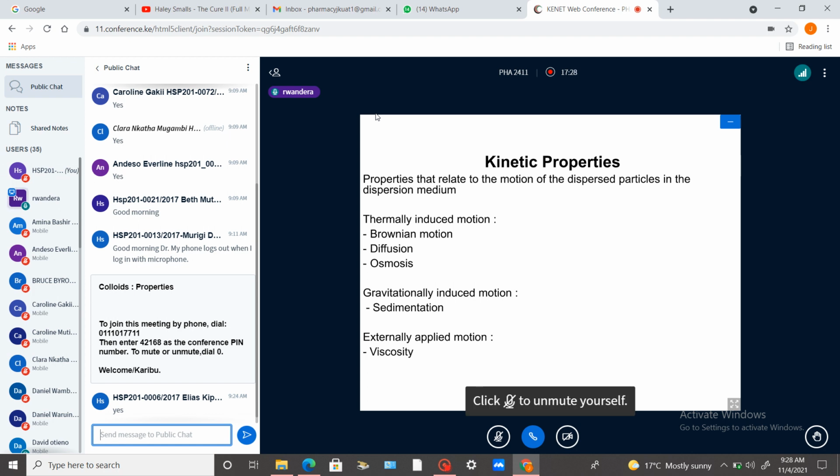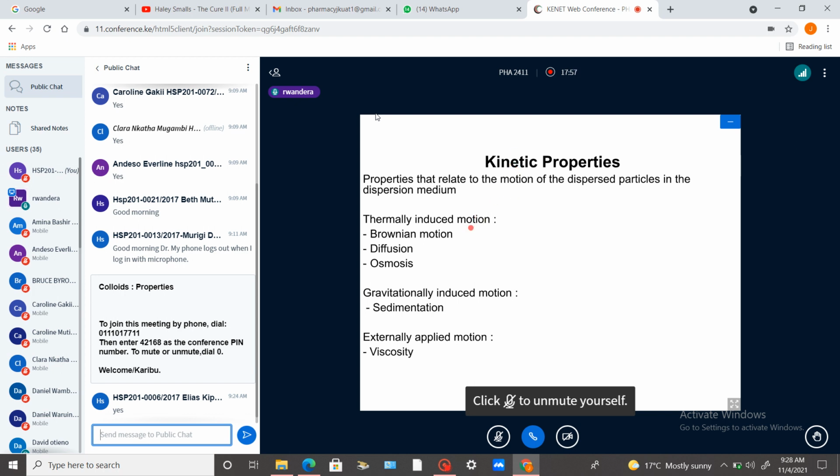Now we look at the other property, kinetic properties. Kinetic properties relate to the motion of your dispersed particles. Remember, your dispersed particles will be in motion in the dispersion medium, and as a result, we'll have properties associated with these motions.